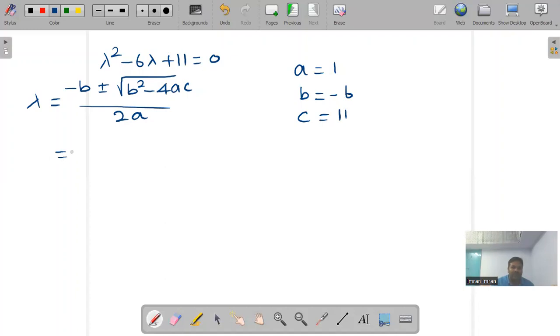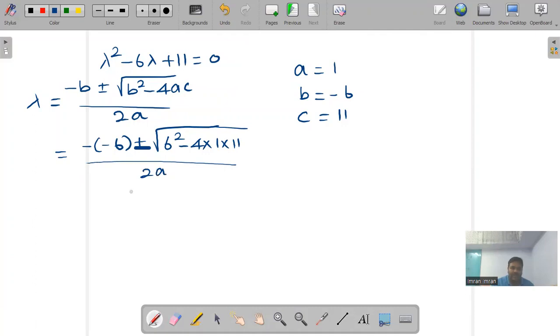Now, apply this quadratic formula. Minus of minus 6 plus or minus square root of b square, 6 square, minus 4 into a into c, whole thing divided by 2 into a.